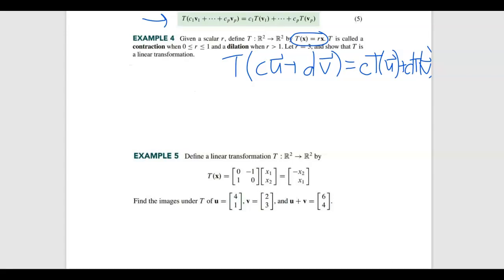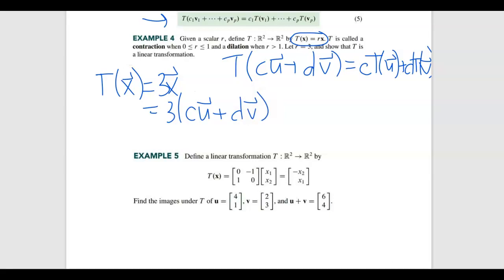All right, let's think about what T(cu + dv) would be. Remember, our transformation of vector x is 3 times vector x. So in this case, this is vector x, so that's 3 times (cu + dv).